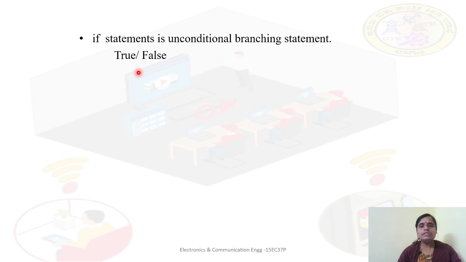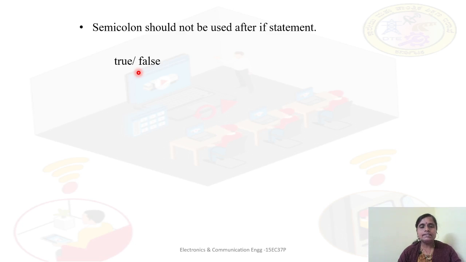Next, if statement is unconditional branching, whether it is true or false. Always we have said that it is going to test an expression. Once I say that it is testing an expression, it becomes a conditional branching. So it is false. The next: semicolon should not be used after the if statement. Should we use a semicolon?